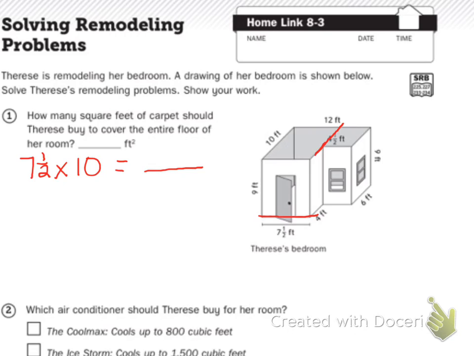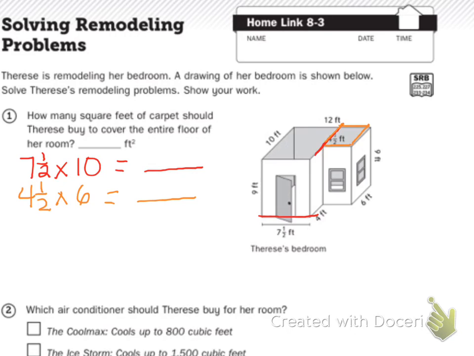Next, we have this 4.5, which is right here. That is 4.5, and it's by 6. So we're talking about this little square here. So again, 4.5 times 6 equals something. You figure it out.